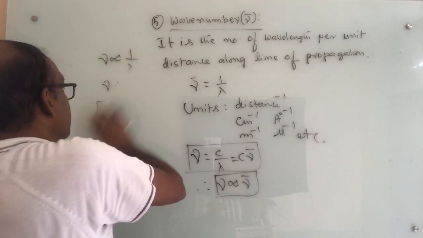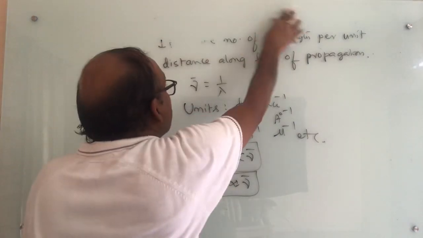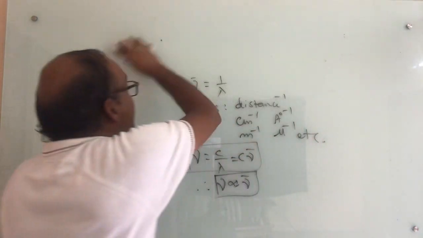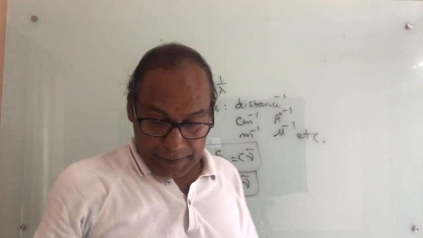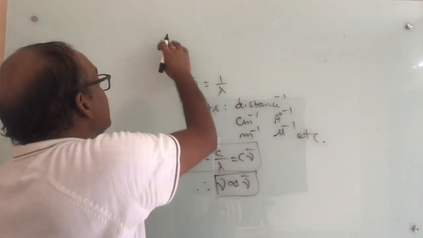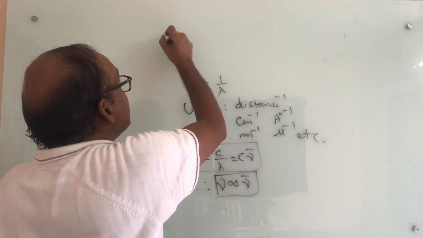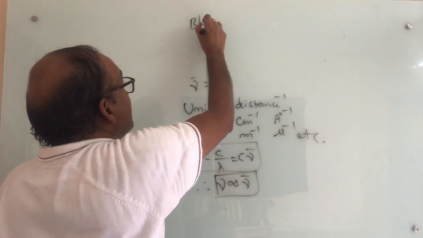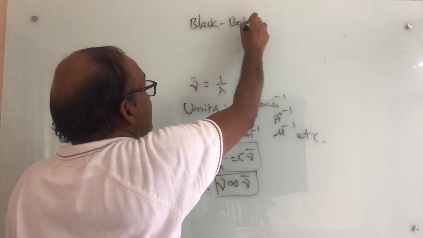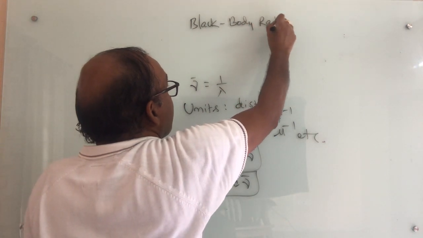And with this background, we will go to one important observation around the year 1900: black body radiation.